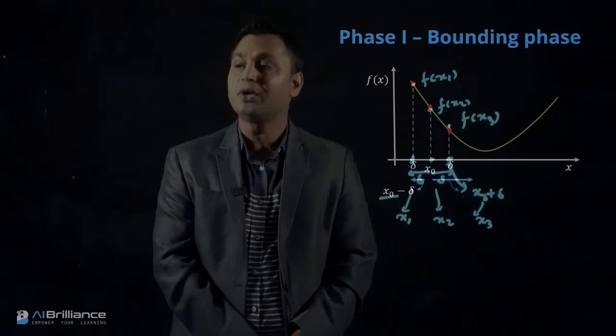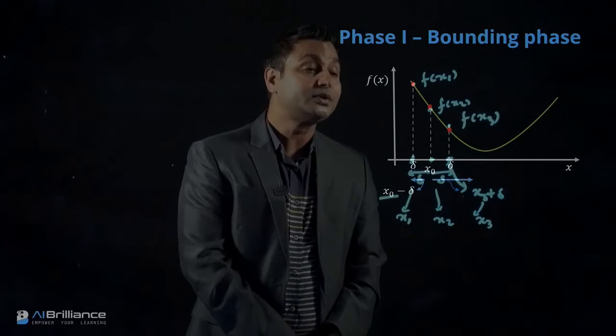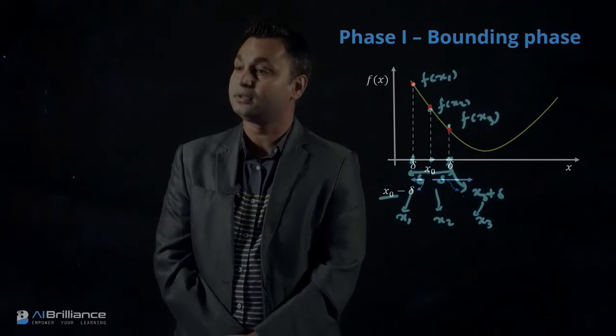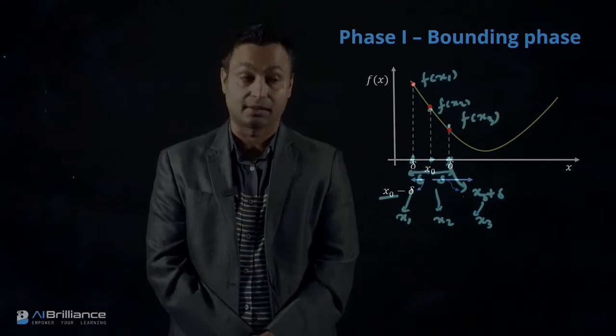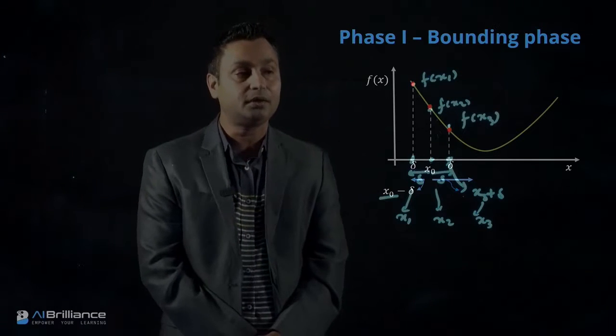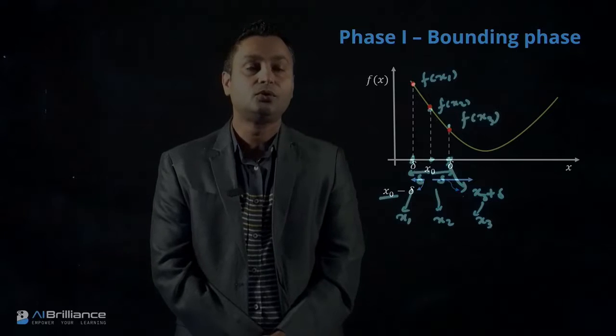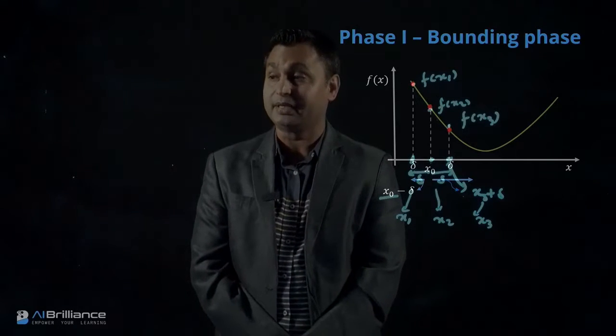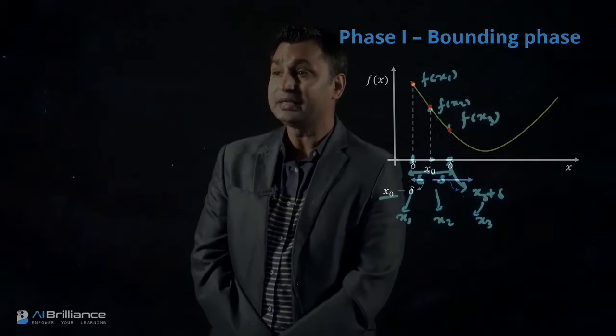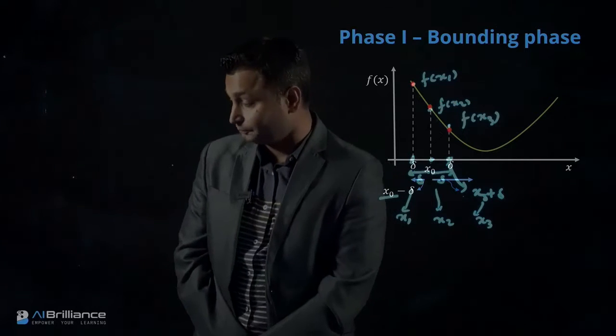Now once the sampling is done, you will see that we lie essentially in 3 main cases, and depending upon the case we can do different things and guide the algorithm to find an interval bound, and that's what we are going to focus on. So let's see what those cases are.